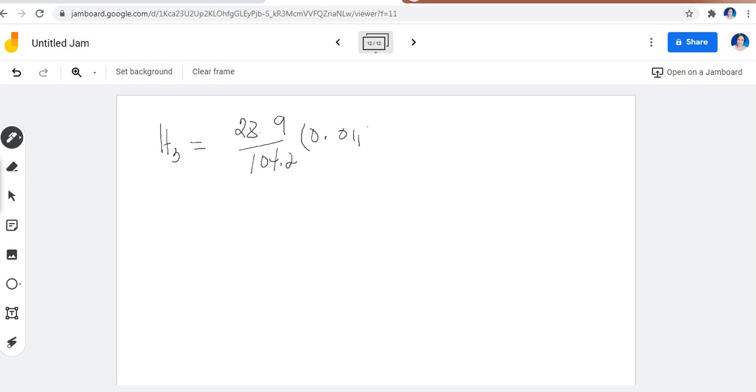One, 2, 3, and we have 75.3 over 104.2. So each of the mass flow rates were divided by the total already.